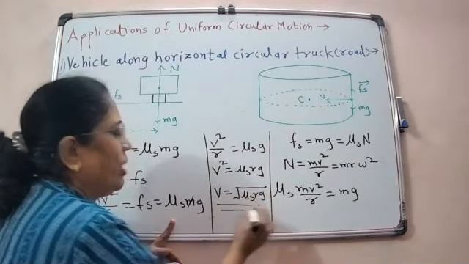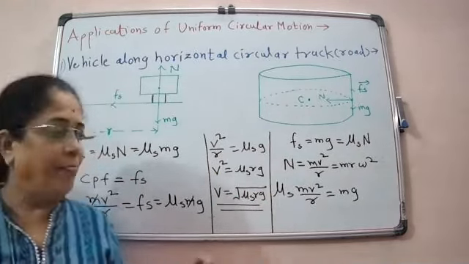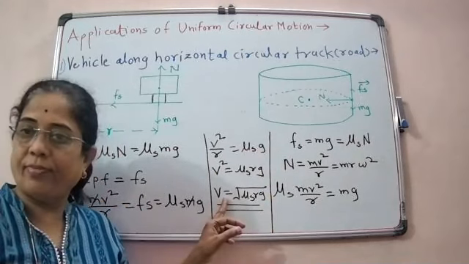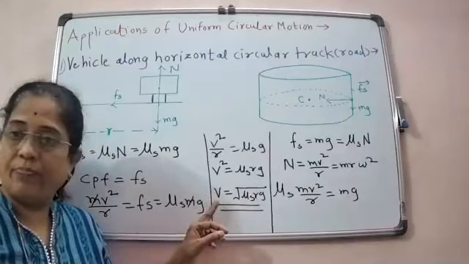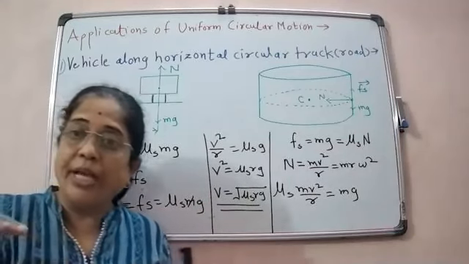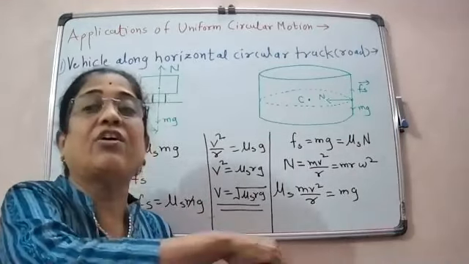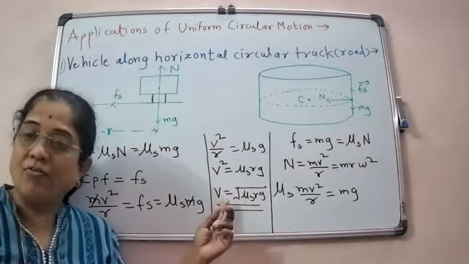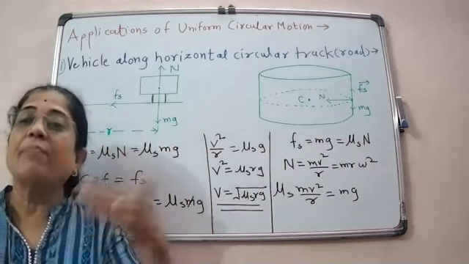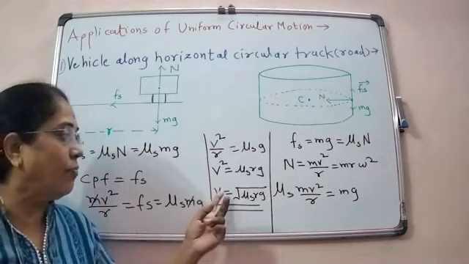So this is the formula for the maximum or most safe speed for the vehicle moving along a horizontal curved road.